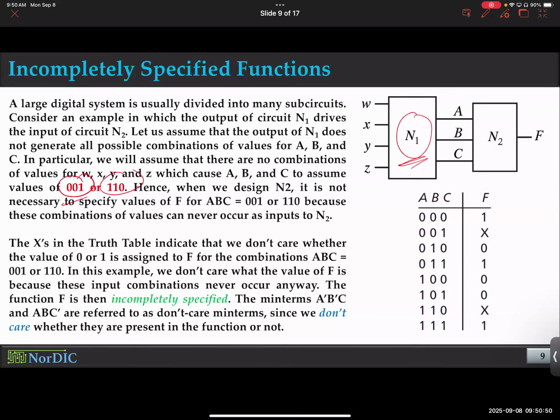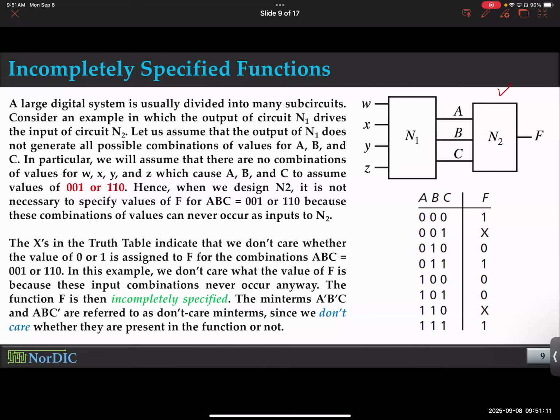So imagine we never have this 0, 0, 1 or 1, 1, 0 coming up at this input terminal. Does that make sense? How? We'll see that later, but there are ways to design circuits that will never lead to certain combinations.